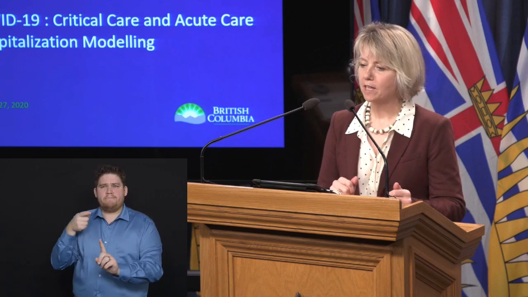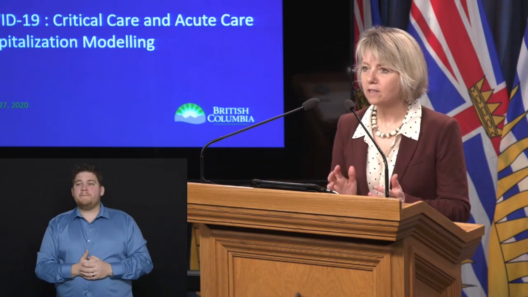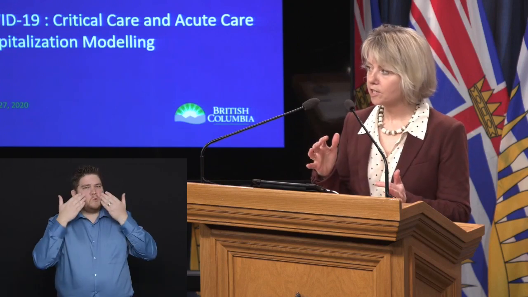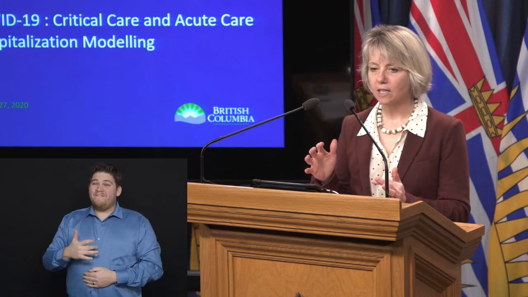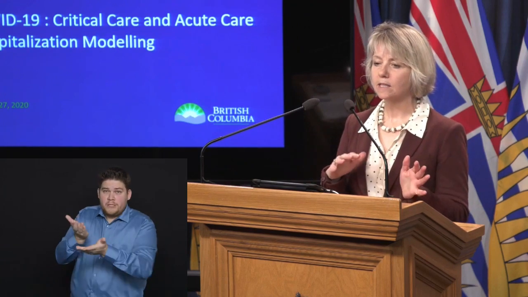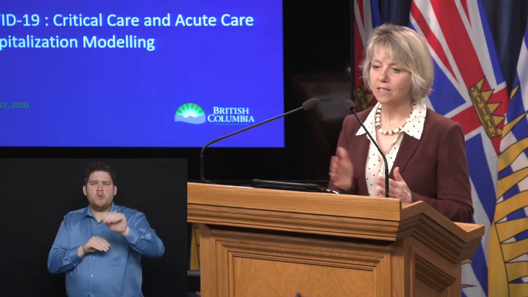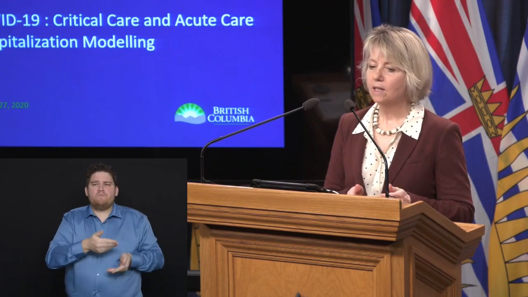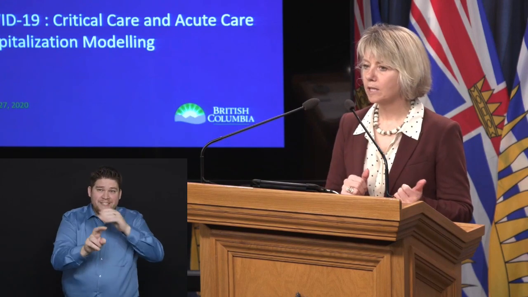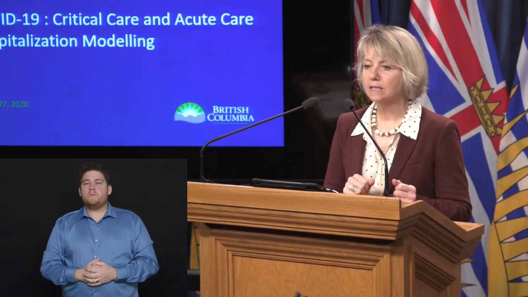The question of do we have enough is something we will not know until we're at the end of this, but we feel like we have additional and sufficient transportation ventilators. But the whole strategy of how to move people around the province as this progresses in the coming weeks is something that is very much being focused on. On Vancouver Island, the Jubilee and Nanaimo are the two main COVID hospitals designated.